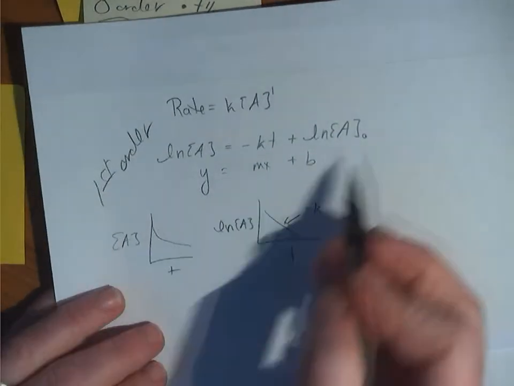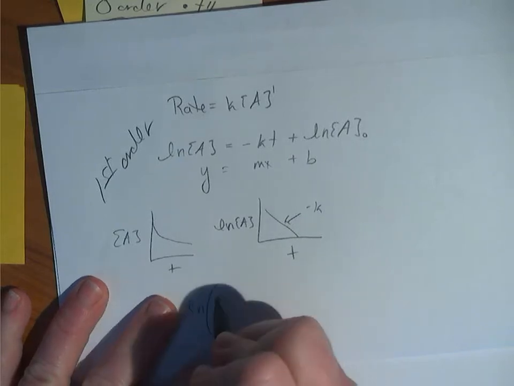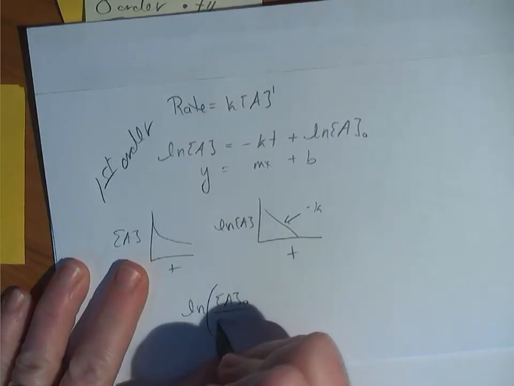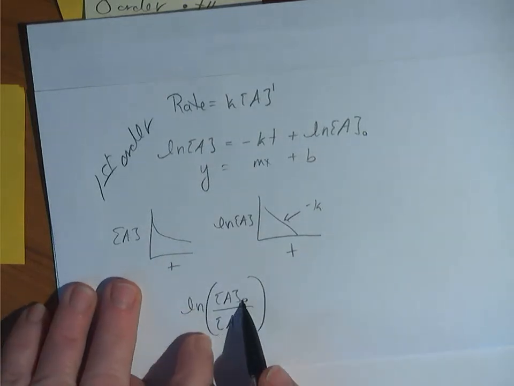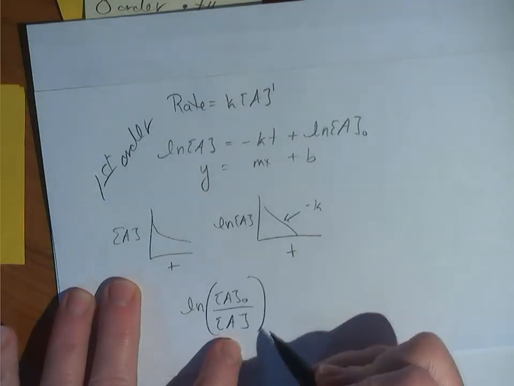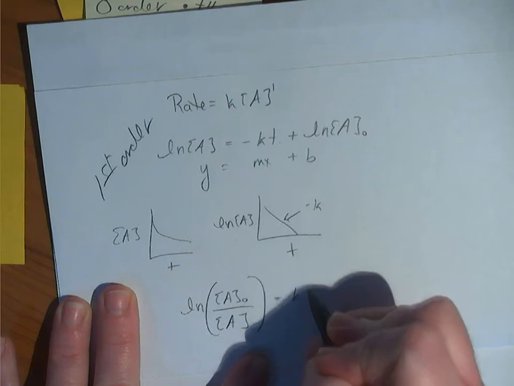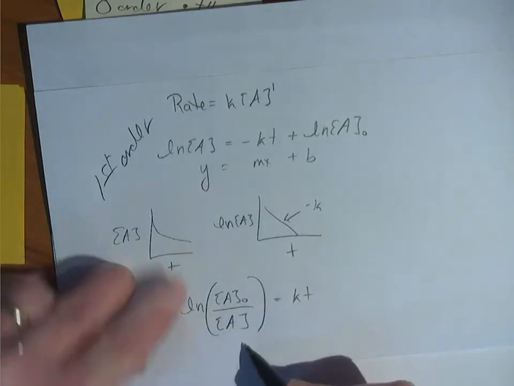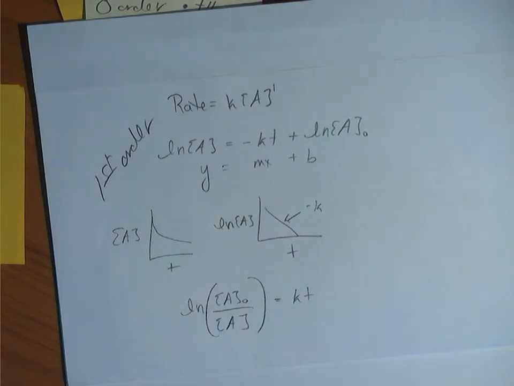We can express this a different way, rearrange the equation. Remember, we looked at this a little bit. If we would rearrange the equation such that the initial concentration divided by the concentration at time t, and take the natural log, that's actually positive kt. So this is just another version that we can utilize if you're more comfortable with that.